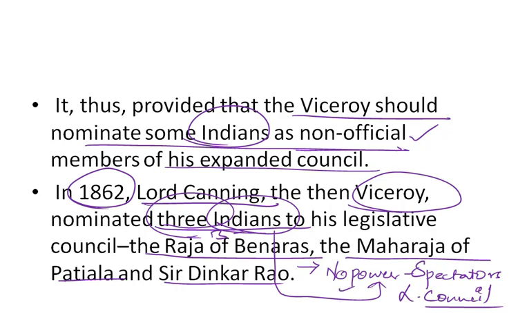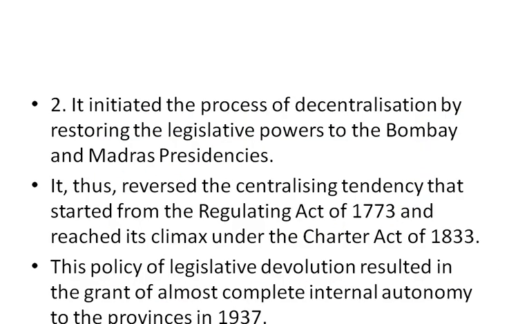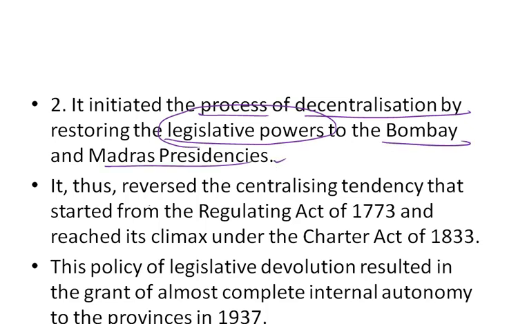The second feature of this Act is it initiated the process of decentralization by restoring the legislative powers to Bombay and Madras. The legislative powers were again given to the governors of the Bombay and Madras presidencies.